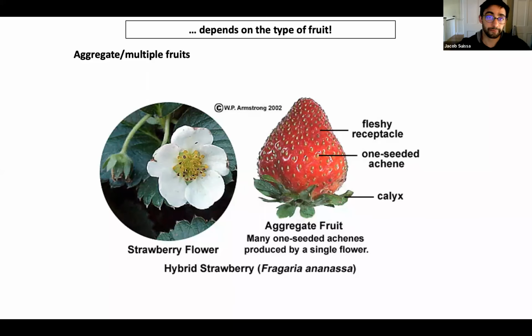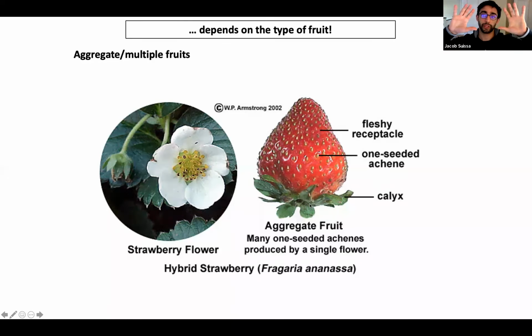So there are other types of fruits. There are fruits that are derived from either multiple flowers or an aggregate of ovaries. So this is a fundamental difference, right? Let me take a step back here.